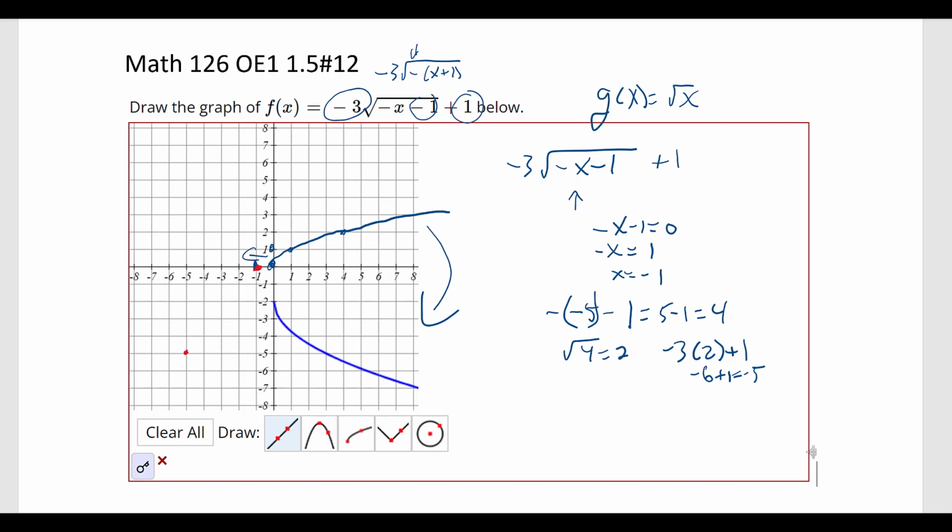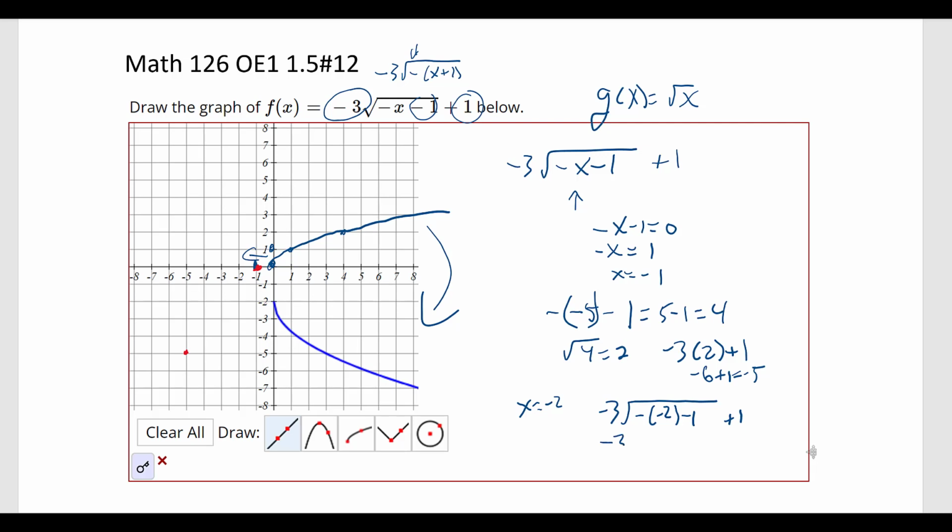And let's think about the value. What if we went with something that'll produce from the radical the 1? So if we went with x equals negative 2, then we have negative 3 times the square root of negative 2 minus 1, plus 1.